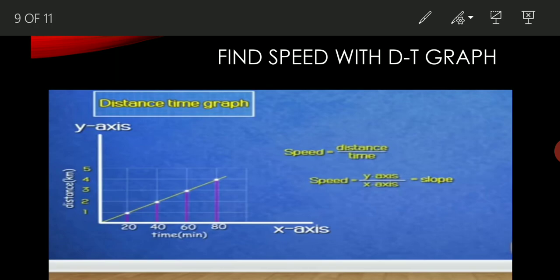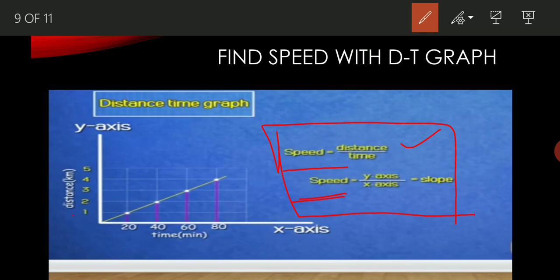Now find the speeds on a distance time graph. How do we find the speed on a distance time graph? Here the formula is given for finding the speed with the distance time graph. As we all know, the formula for finding the speed is distance upon time. So when we are going to find the speed from a graph, we know that distance is shown on the y-axis and time is shown on the x-axis.